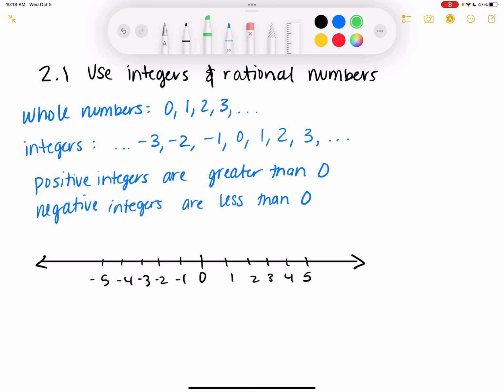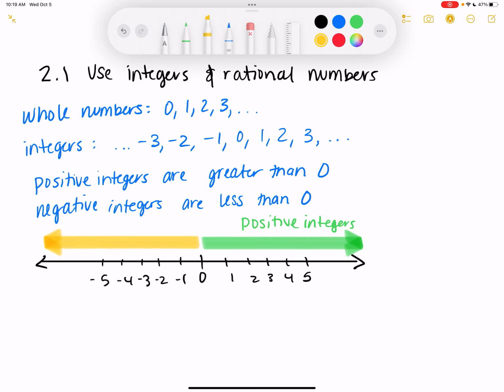Then on this side, we have the positive integers. And then on this side, we would have the negative integers.